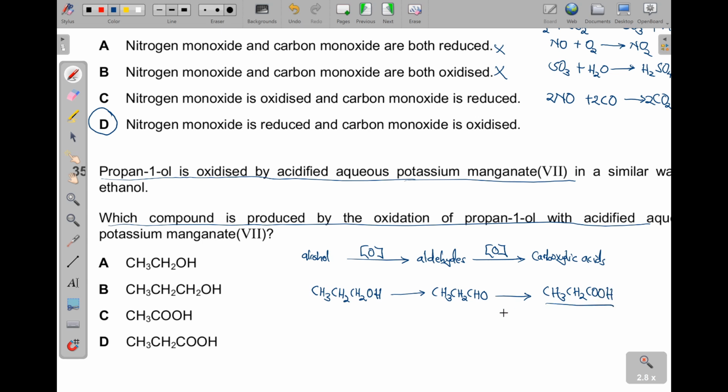This is propanoic acid, this is propanal, this is propan-1-ol. So we look for propanoic acid, which is option D.